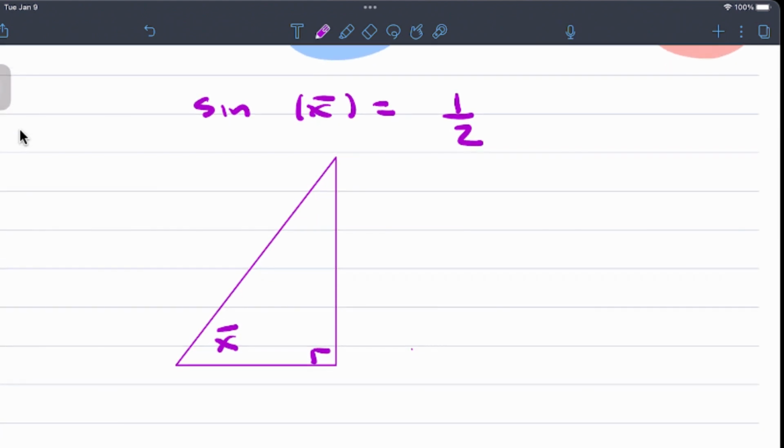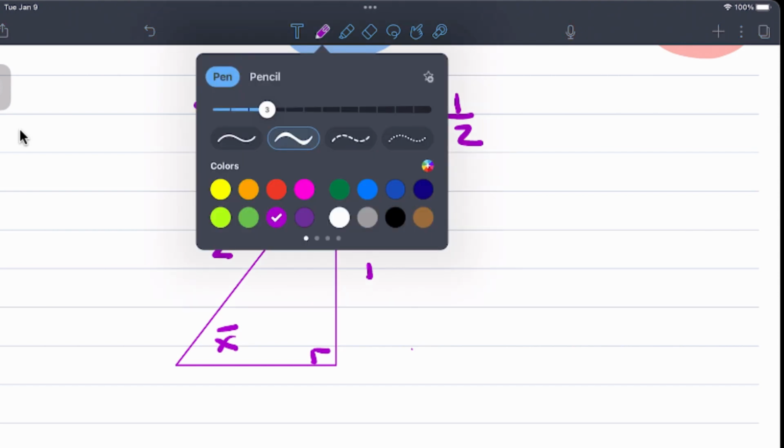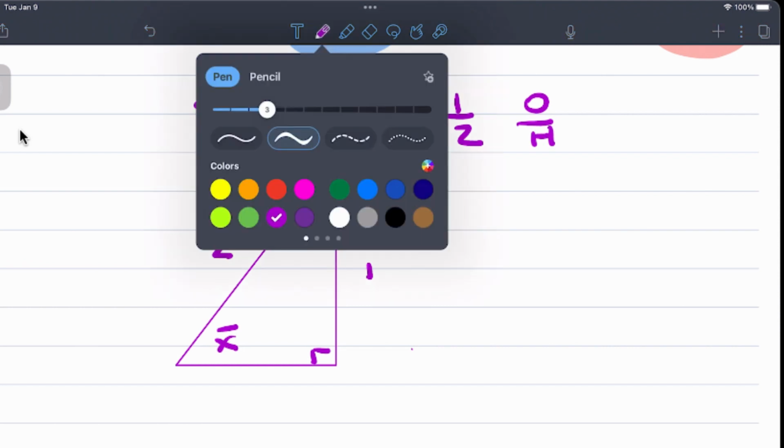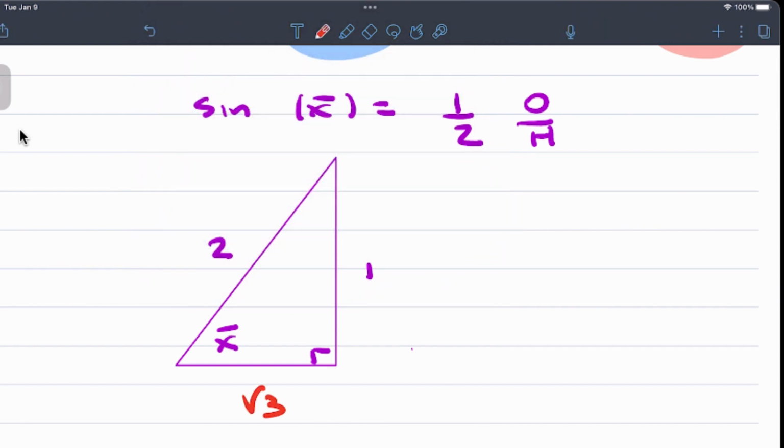So the definition of sine is, I think it's what? Adjacent over what? Hypotenuse. That makes this, opposite over hypotenuse, right? Is sine opposite over hypotenuse? I don't remember. Is that what it is? I think so. So that makes this side over here what? The square root of 3. Is that right? So what angle is this going to be now? Do you guys know?